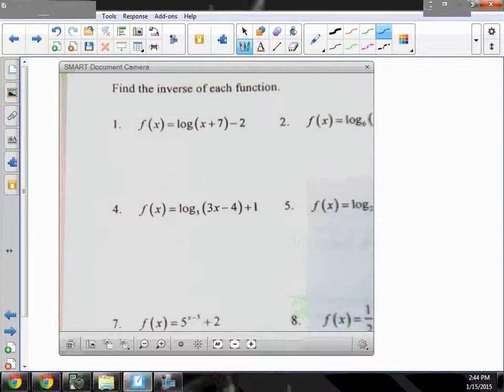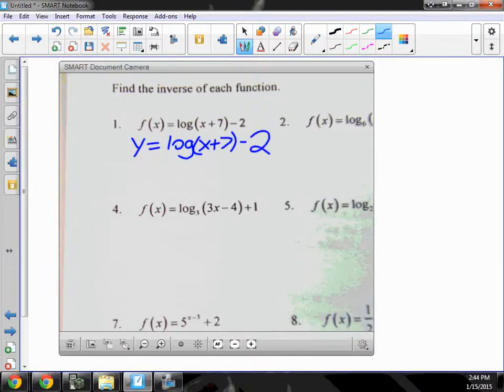So where are the y values? The f of x is y. So this is y equals log base 10 of x plus 7 minus 2. So to perform the inverse, everywhere I see an x, I write y, and everywhere I see a y, I write x.